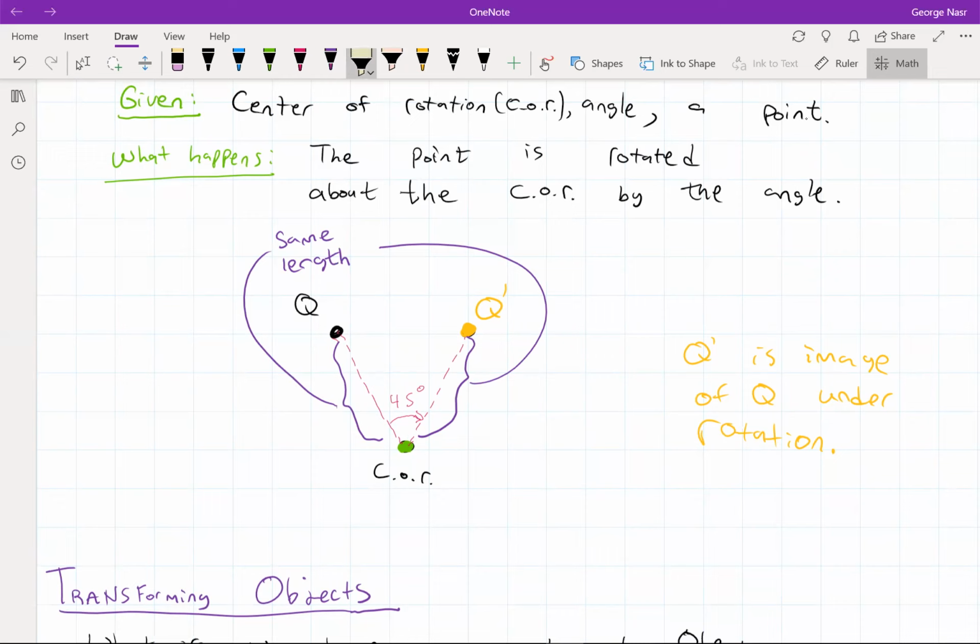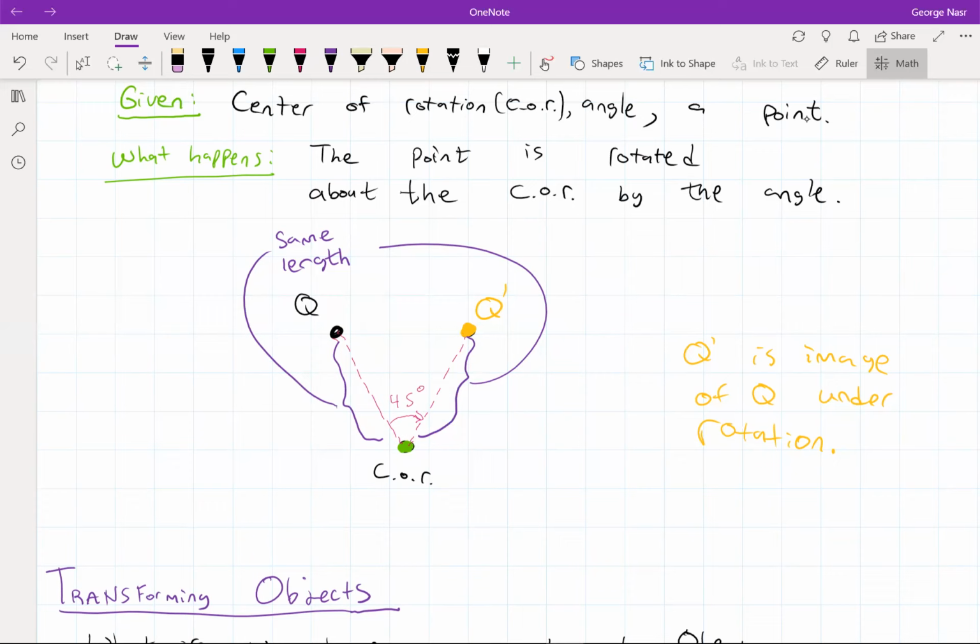The distance from the point to the center should not change. All I'm doing is rotating it around. Think about an orbit: all the planets orbit around the sun. Okay, bad example, because planet orbits actually do get farther away from the center.